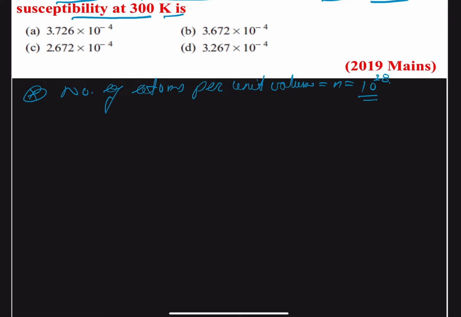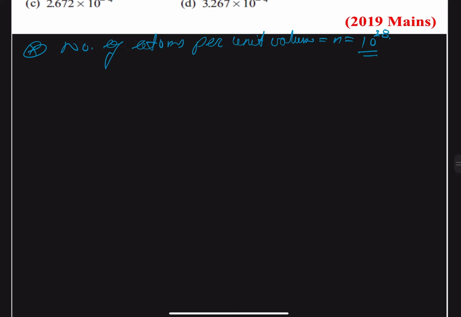And we are given the magnetic susceptibility at temperature T1.